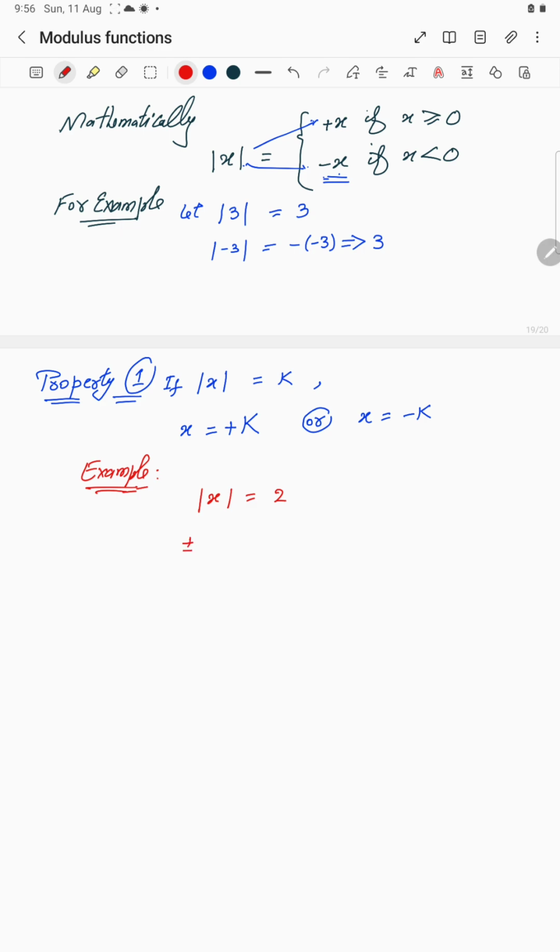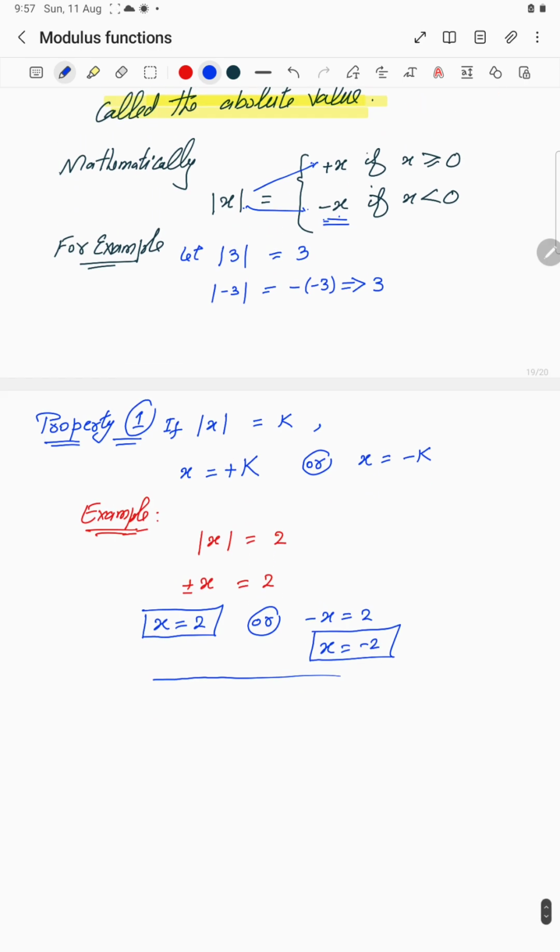So modulus means plus or minus x is equal to 2. So here it means x equal to 2 or minus x equal to 2, which comes to x equal to minus 2. So we have two results here: x is 2 and x is minus 2.